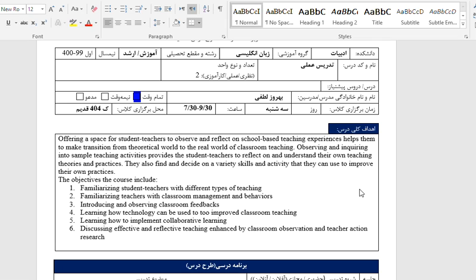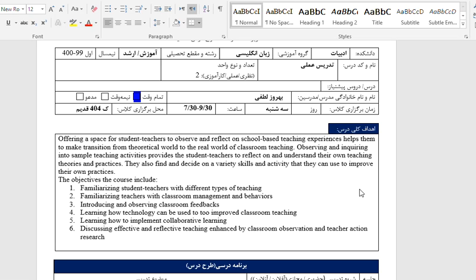Welcome to the course, a practicum or practical teaching, which is again one of the important courses because, as you know, here you try to link or bridge the gap between theory and practice.